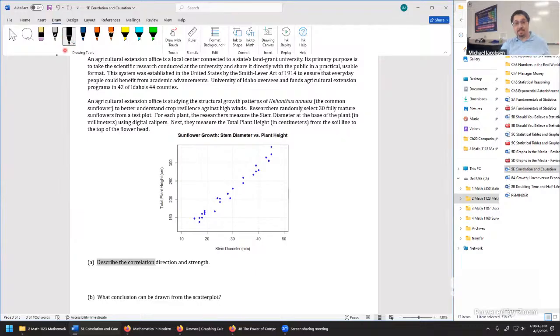So just like you said, because the pattern is going up, we'll say that there is a positive correlation. The points are very close to each other, so we can say there's a positive correlation that is strong. So that's the first part down.